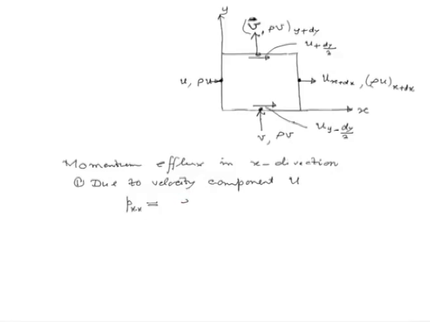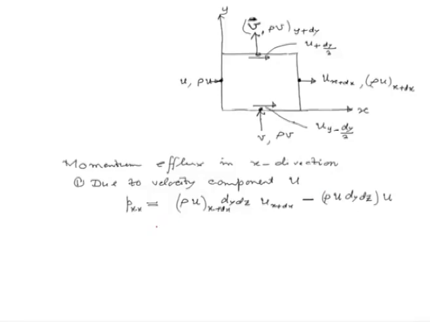It is rho u at x plus dx multiplied by the area dy dz, that gives us the mass flow rate multiplied by the velocity here, which is evaluated at x plus dx, minus the incoming momentum, which would be given by rho u dy dz multiplied by u.